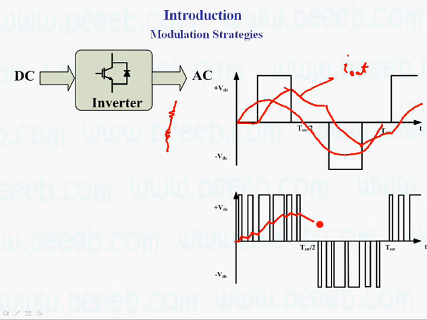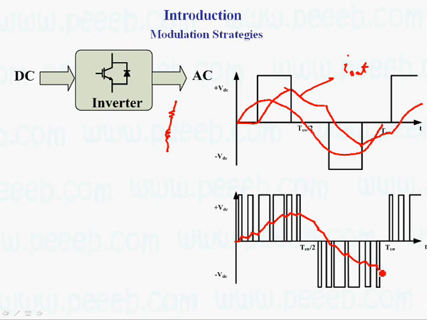And here we have negative voltage, so the current is decreased. Again, because the voltage is zero, current is decreased. Here we have negative voltage, so current is decreased.